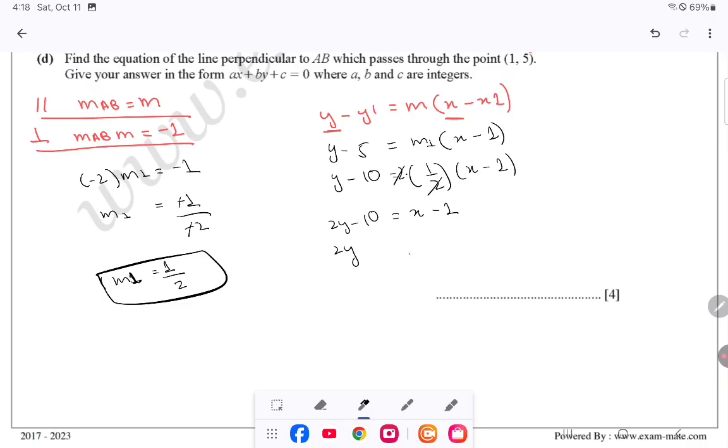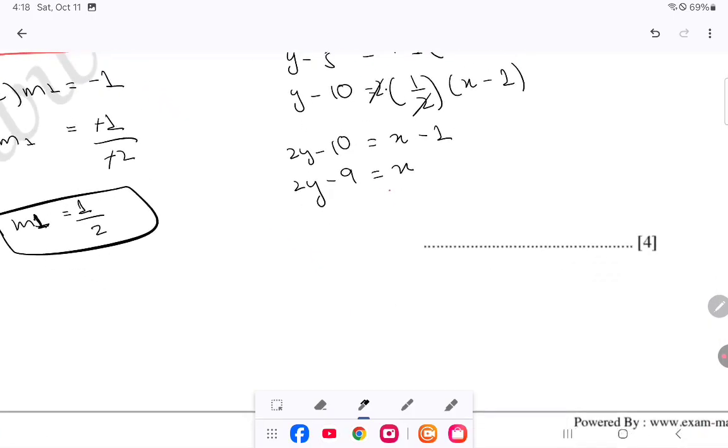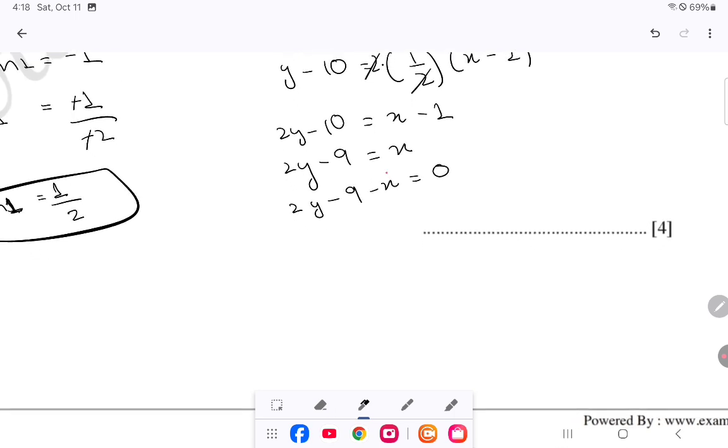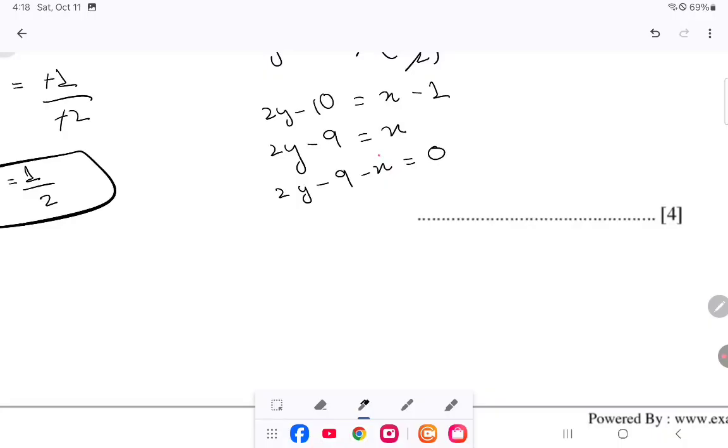And then we add 1 on both sides, we are left with negative 9 is equal to x, or we can say 2y minus 9, and if we subtract x from both sides, it is equal to 0. And if we want the x to be positive, multiply both sides by a negative sign. Positive x, negative 2y, and positive 9 will be 0.